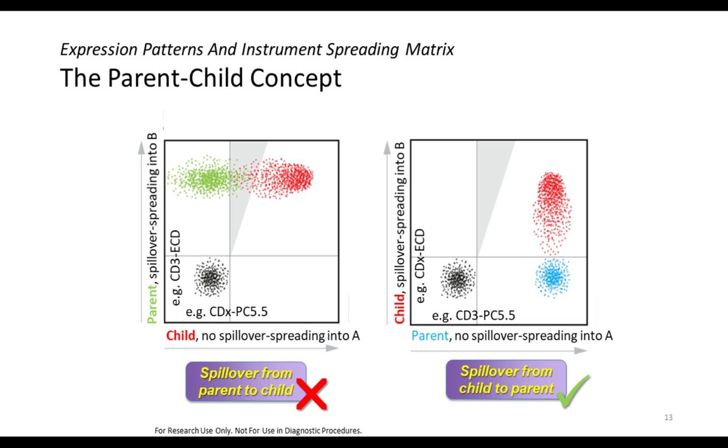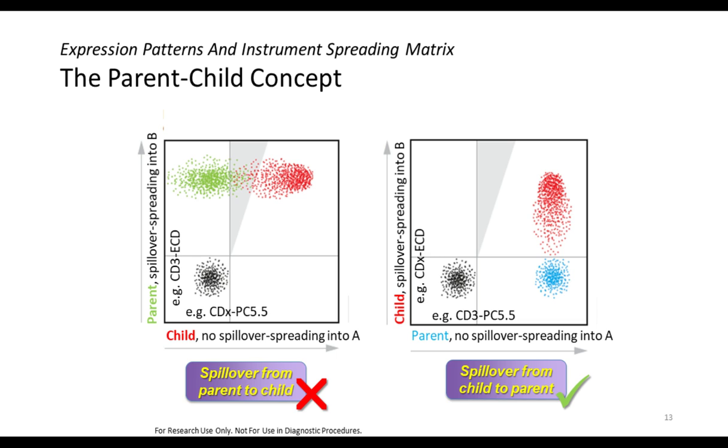A common example for this situation is the expression of the CD3 antigen, a principal T-cell antigen, and then you might imagine a second antigen named CDX here that could be a modulated antigen exclusively expressed by T-cells.